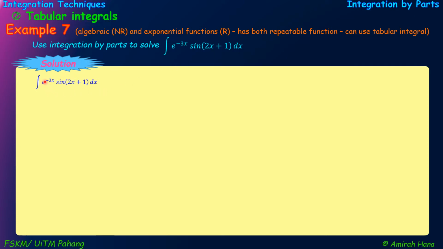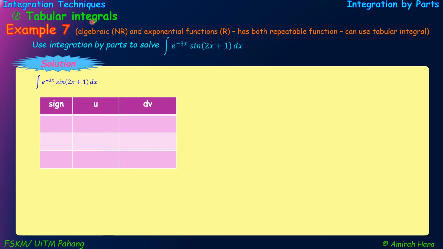This question has both repeatable functions, which are the exponential function and the trigonometric function. So, we can use either tabular integral or the integration by parts formula. First, I will discuss this question using tabular integral.